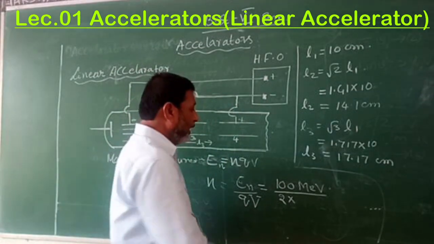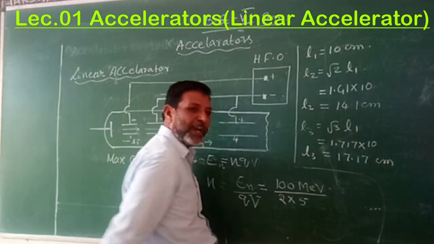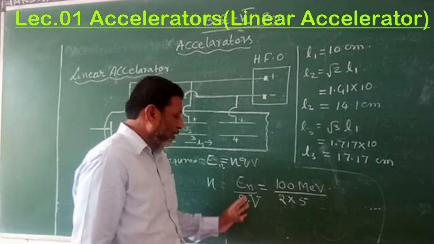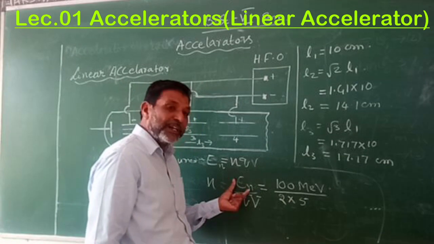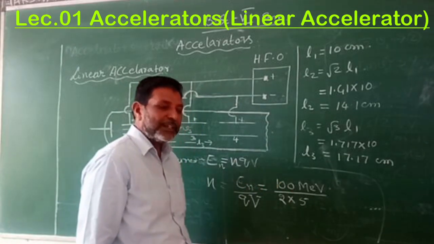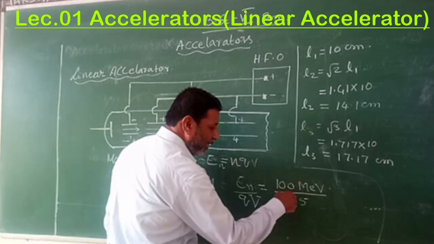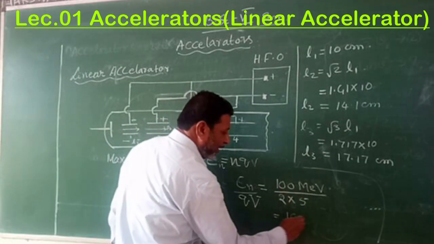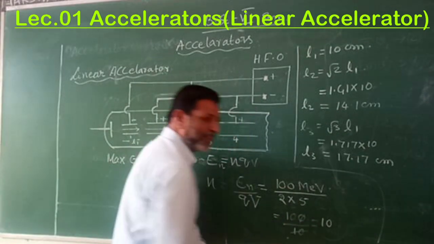Then let us take the applied potential difference V as equal to 5. Then the Q value is 2 coulombs, the applied potential difference is 5, and the maximum energy required is 100. Now you can see that the 5 and the 10, the 1 will get cancelled with this one, and 100 divided by 10 is equal to 10.